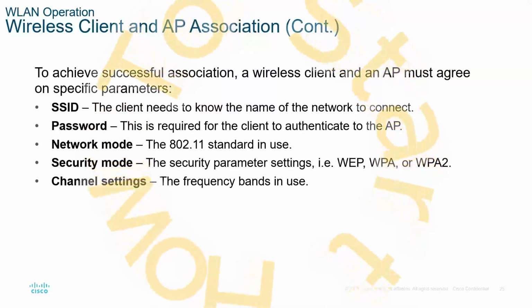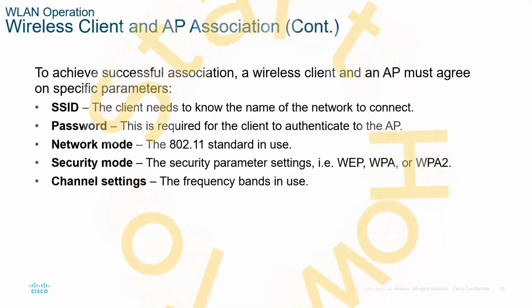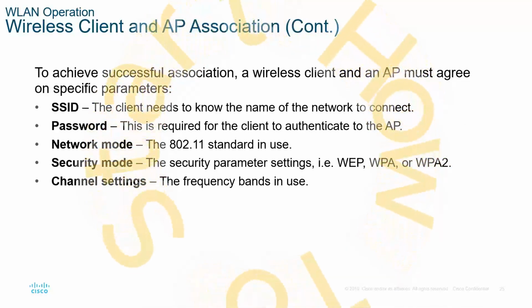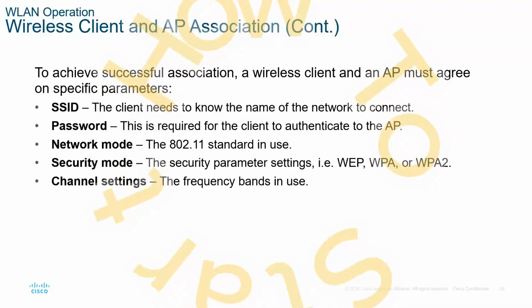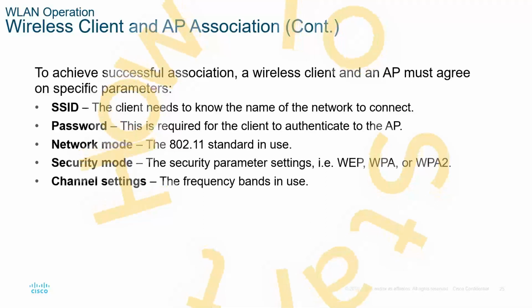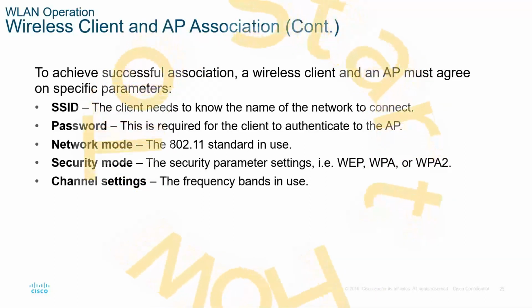Then the security mode has to match. Are they using WEP? Are they using WPA? Are they using WPA2 personal? And so forth. Lastly, they have to agree on the frequency bands they'll be using. All of those 5 things have to match in order for the association to begin.